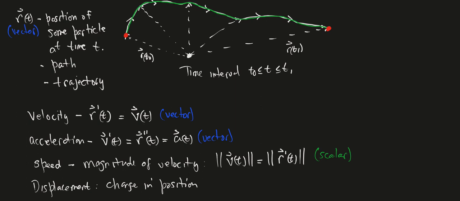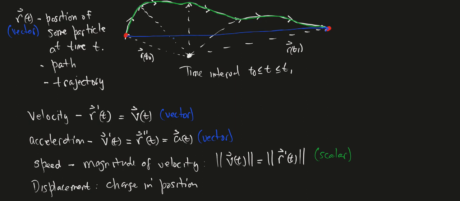Well, let's see. This is the particle's initial position, and this is its final position. So the change would be the difference between these two positions. So I can actually draw another vector that would indicate its displacement. So the displacement of the particle, right, would be this vector, right? In other words, this is where it started, this is where it ended.